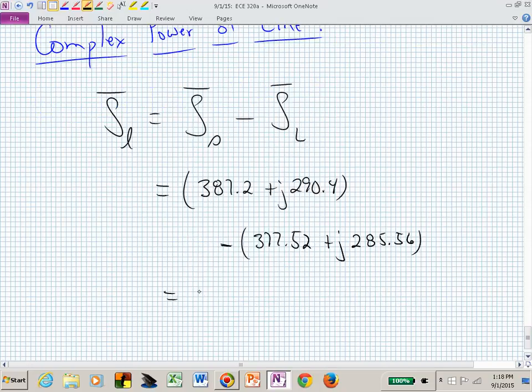So that we now have 9.68 watts being absorbed by the transmission line plus j4.84 reactive power absorbed by the transmission line.